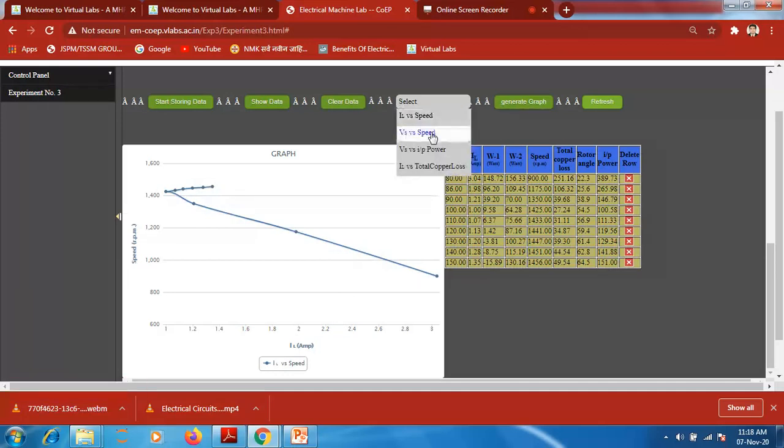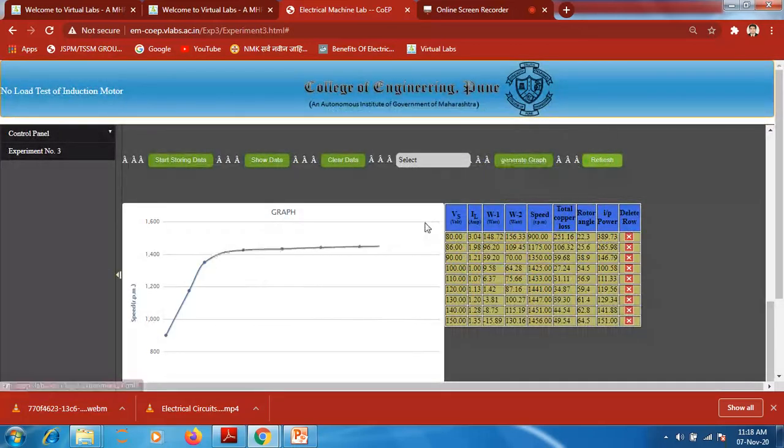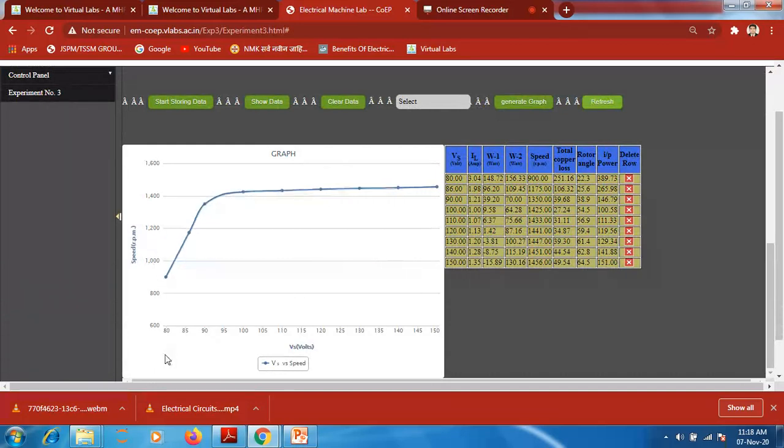Next one, the voltage versus speed. This is the graph of voltage versus speed.